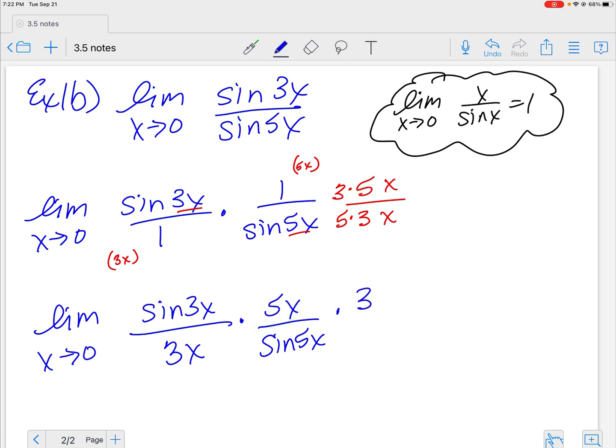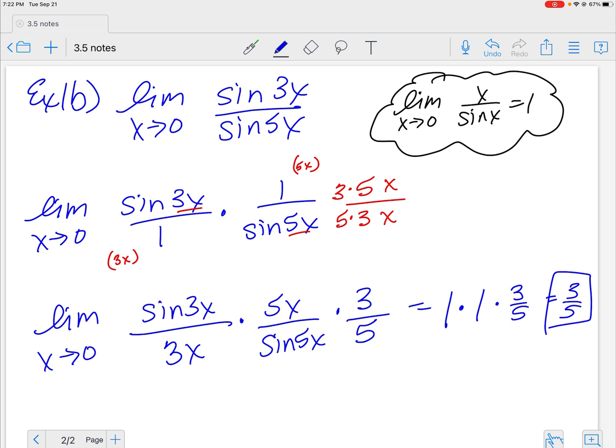You can't just eliminate it. It's still there. Down below, I've used my 3x, and then this was what I already had, so I have this extra 5 left over. So I'm going to put that 5 in there. Do you see what just happened? Then I know this is 1 times 3/5. So my answer is 3/5.